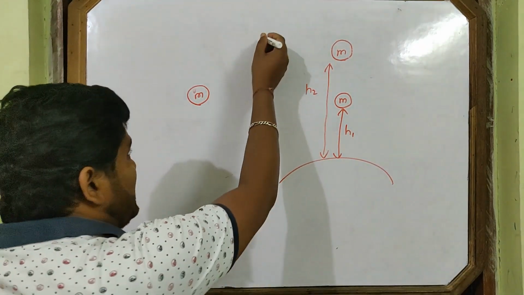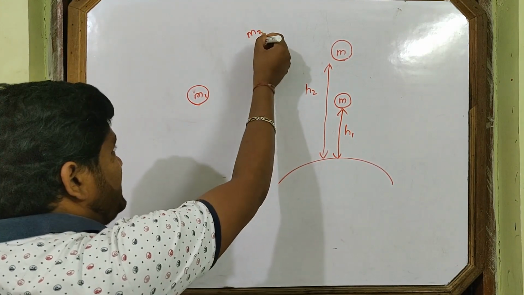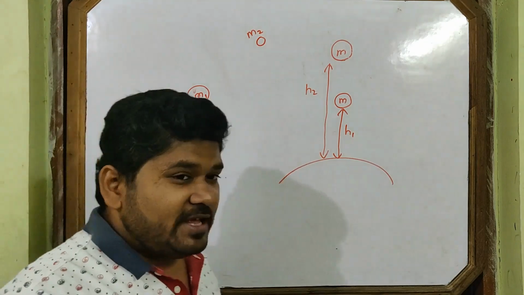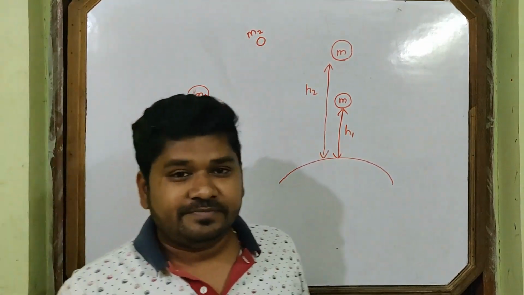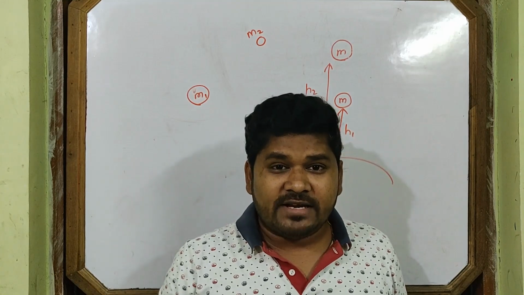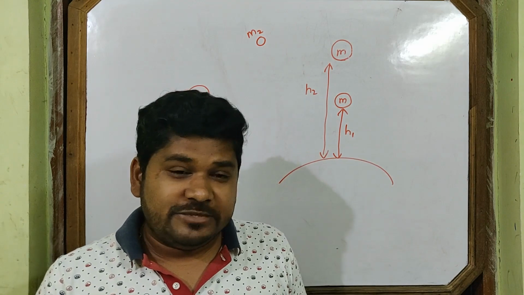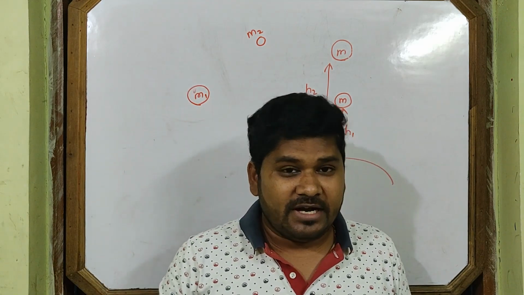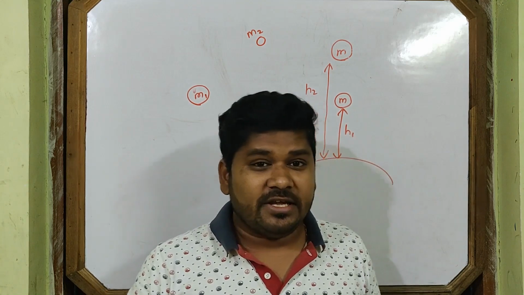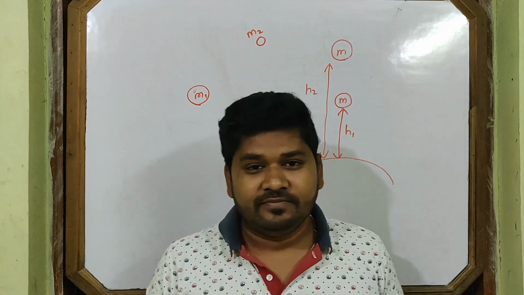When I bring another body, suppose M1 mass is here, I bring another mass, then I have to do work, because this mass will apply the force. And how much work is done? That is equal to the change in potential energy if we consider between 2 points, and is equal to the potential energy if you bring the body from infinite to a point.